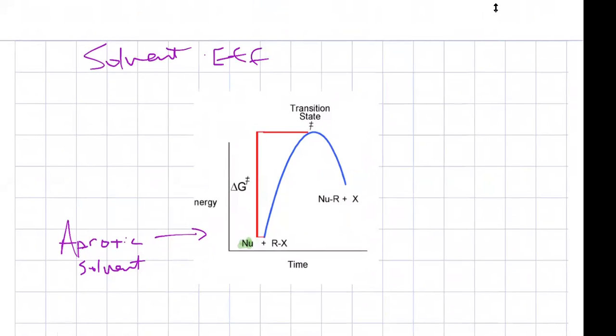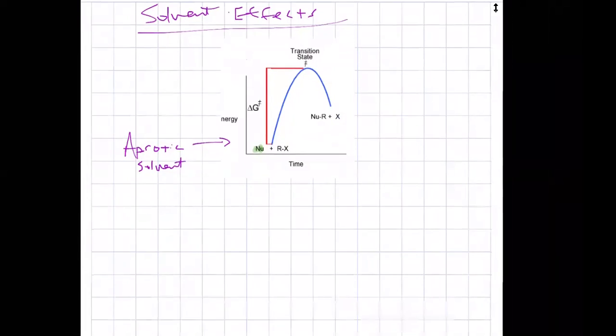But if you do this in a protic solvent, it's going to have an effect on the outcome of the reaction. It's actually going to slow the reaction down. And I'll show you why. So in an aprotic solvent, your nucleophile and your substrate are roughly equal in energy.